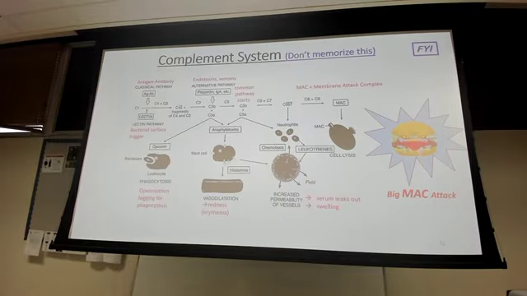So again, don't memorize this stuff, but it shows you that as it goes through its entire pathway, that Big Mac is going to come through and punch a hole in those cells, and those cells are going to lyse, and then you're going to get rid of that infection.